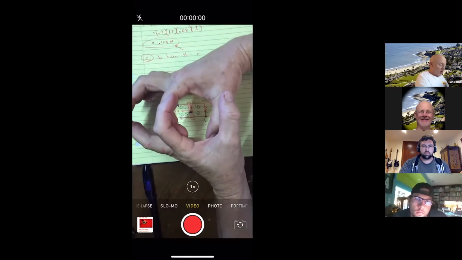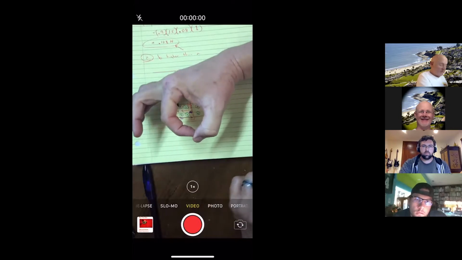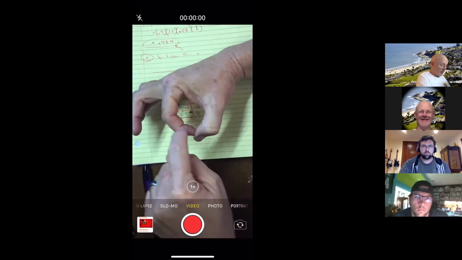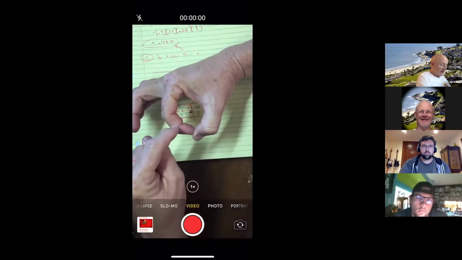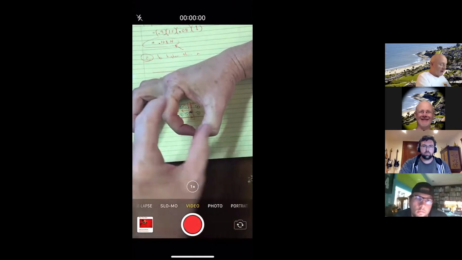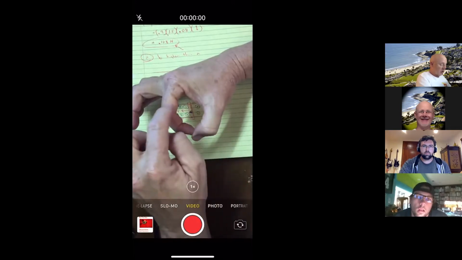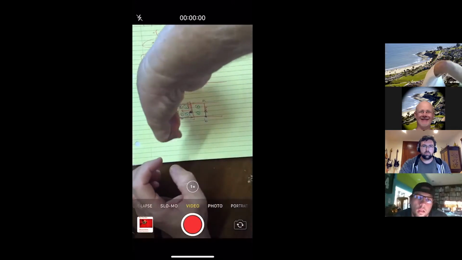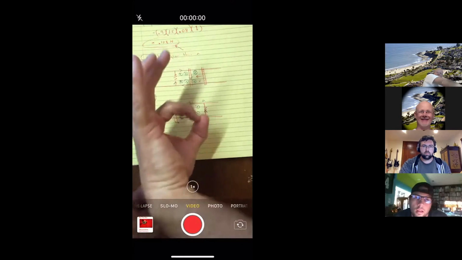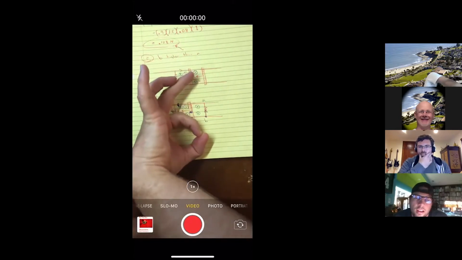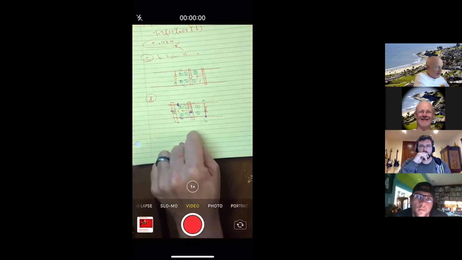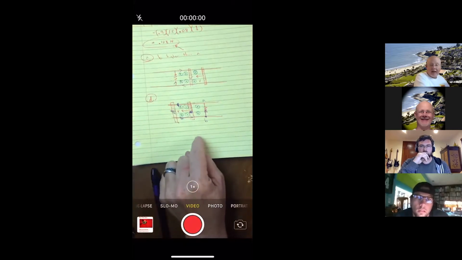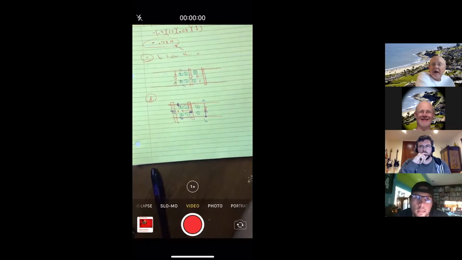Here, I'll do a smaller circle so it fits better on the screen. If I were to go clockwise on this edge, it's going from bottom to top. Now, if I take that same circle and flip it over, now it's going counterclockwise, but on that same edge over here, because it's the other edge, it's now going still bottom to top. Okay. Cool.